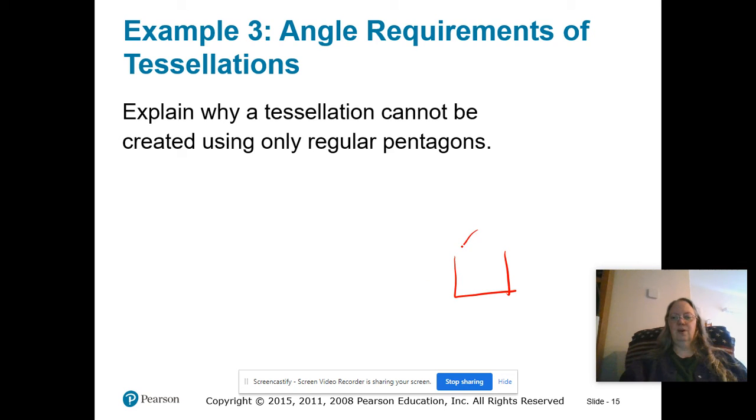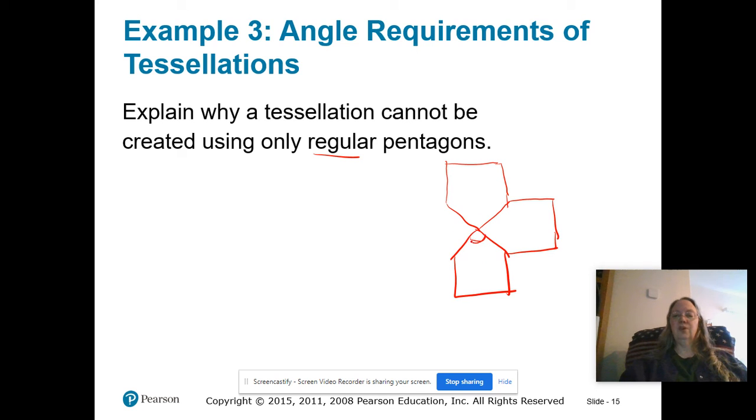So we've got a pentagon and a pentagon. The question is, why can we not use regular pentagons to create a tessellation?